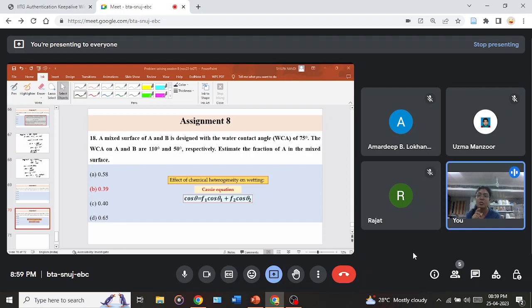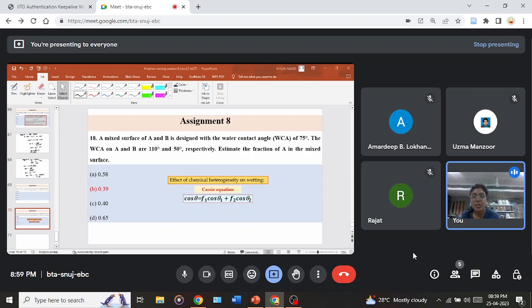surface 2. So here in the question it is said as A and B surface. So the Cassie equation cos theta is equal to f1 cos theta 1 plus f2 cos theta 2 is basically used for solving this question. So all the information is already given.